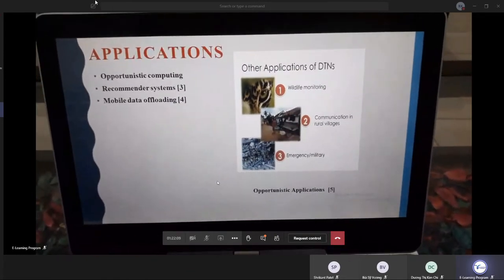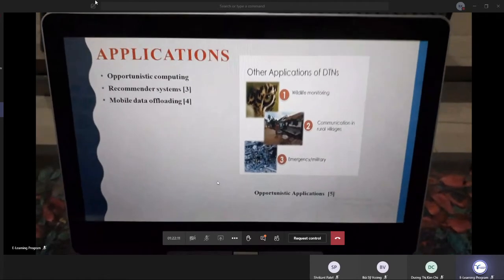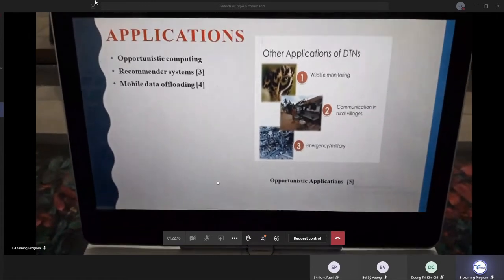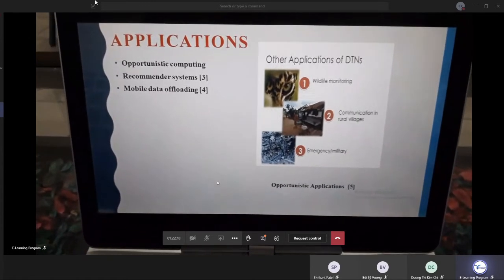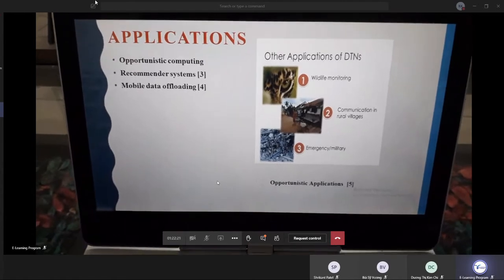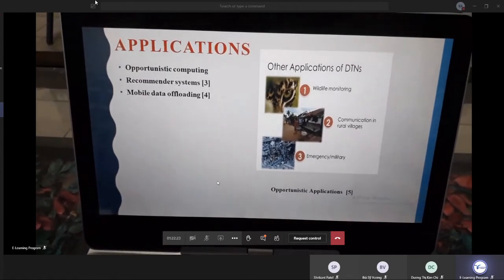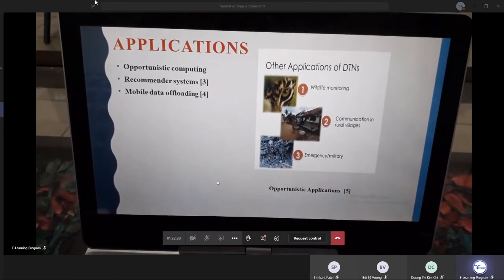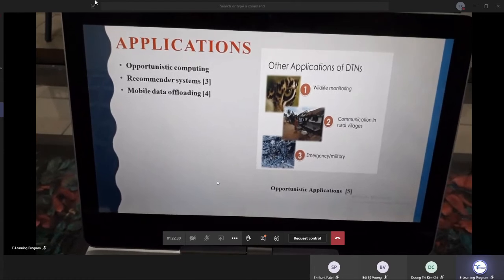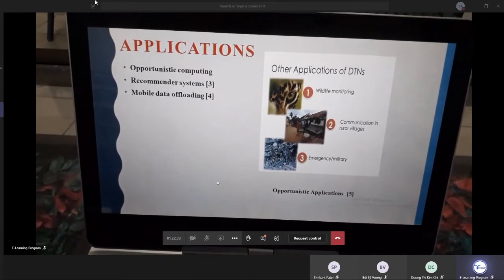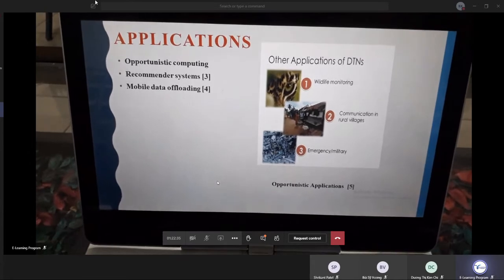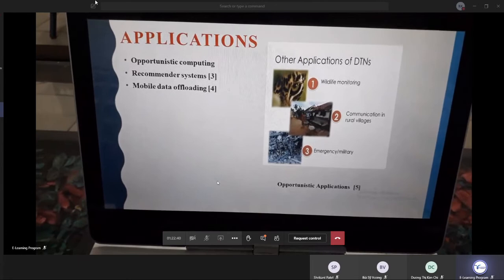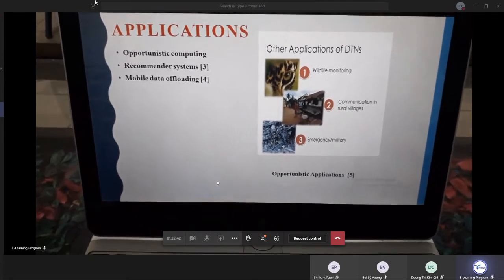These are some applications of opportunistic network. First, we can use opportunistic network in wildlife monitoring. We can monitor animals' lives by using sensor nodes. In other applications, we can use the delay tolerant network in rural villages or remote areas to provide communications.